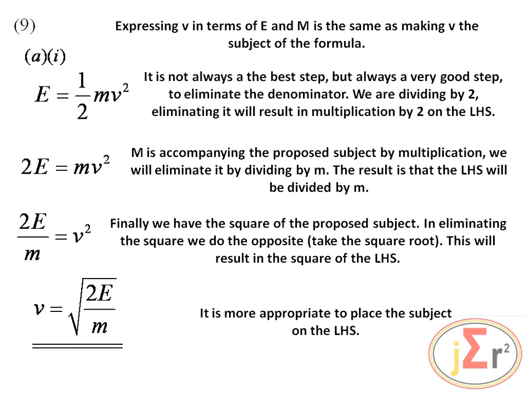In that way, m is eliminated from this side, and on the other side we will have 2E over m. In an equation, we cannot maintain its integrity if we do not do the same thing on both sides, or we may say do the same thing throughout the entire equation. And that is why we need to divide. If we are dividing in order to eliminate this m, we need to divide both sides by m.